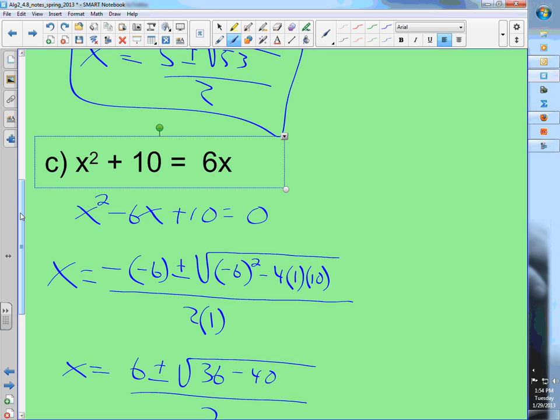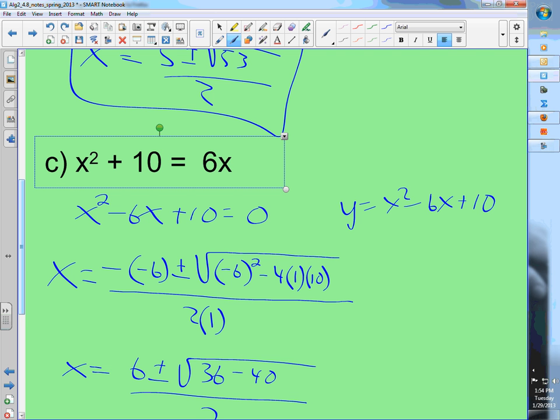That's the important thing. And you should know this right now. You should understand what this means in terms of the function. If I looked at the function where y is equal to x squared minus 6x plus 10, you need to understand what this means graphically. What can you tell me about this graph?